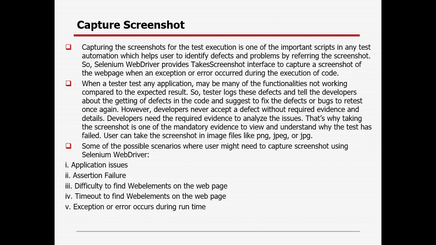Capturing a screenshot is one of the important steps in any test automation, which helps users identify defects and problems by referring to the screenshot. Selenium WebDriver provides the TakesScreenshot interface to capture a screenshot of the web page when an exception or error occurs during the execution of the code.